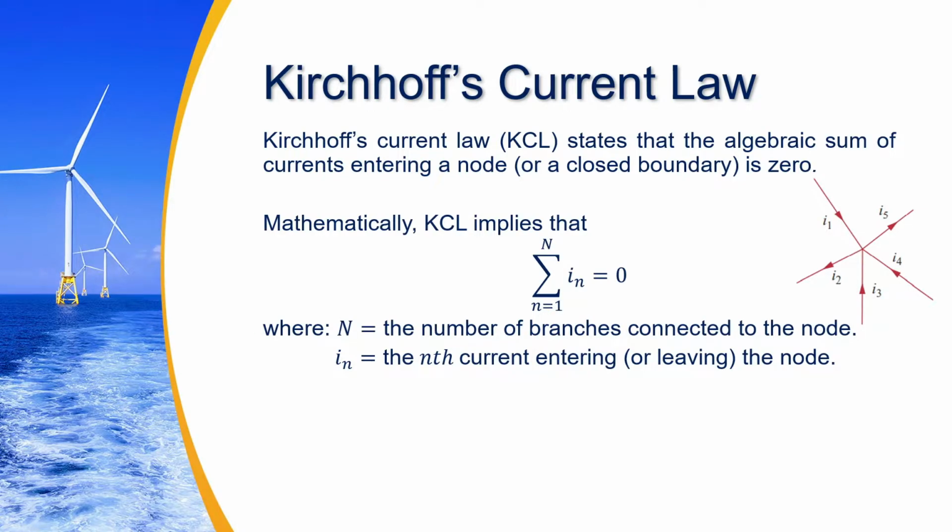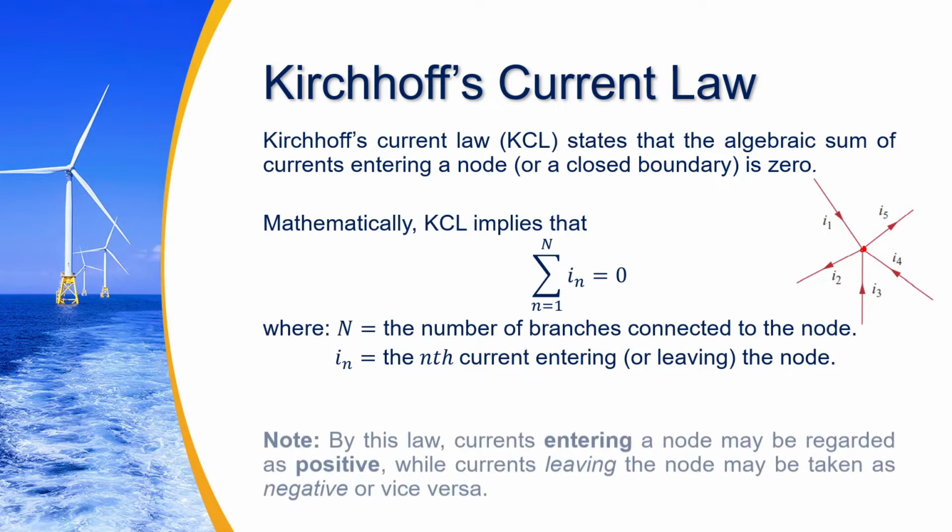So, ganito yung itsura niya. Dito, meron tayong node. Lahat na nag-intersect dyan na branches, meron kanya-kanyang current, depende kung saan yung orientation o direction ng current mo, kung papunta siya sa node or palabas siya sa node.